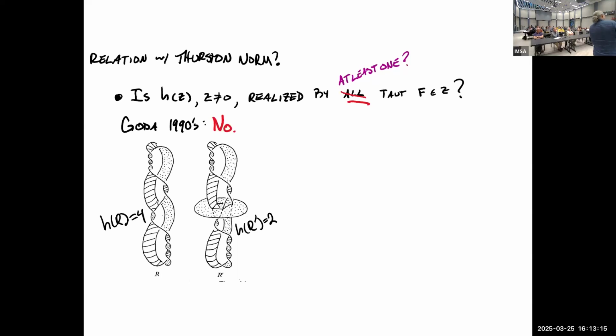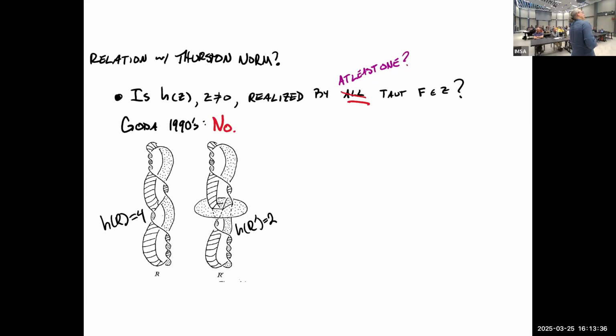And what he showed is that the two surfaces you get actually have different handle numbers. These are still genus minimizing surfaces, but one of them actually realizes the handle number, whereas the other does not. So that's actually really surprising, I think.